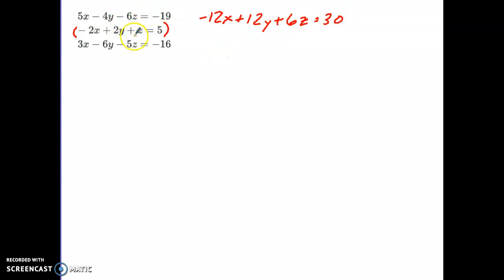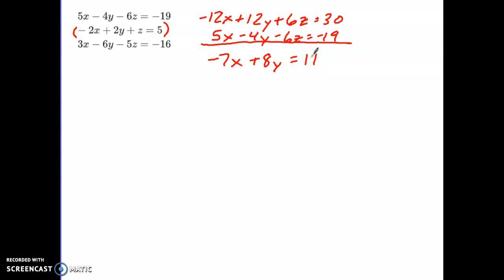And then I can combine it with the top equation. And that gives me negative 7x plus 8y equals 11. Okay. Now if I want to combine it with the bottom equation, I'm going to have to multiply by 5 to cancel out this negative 5z.